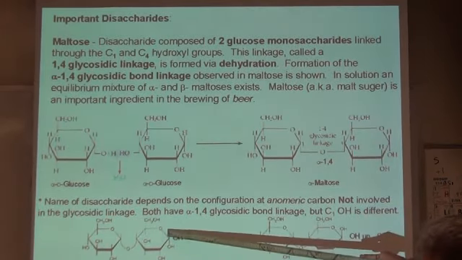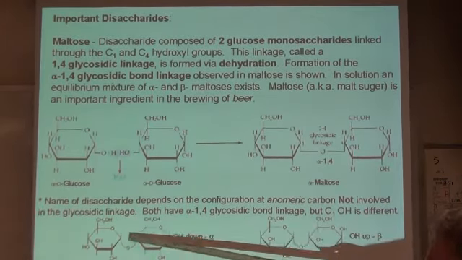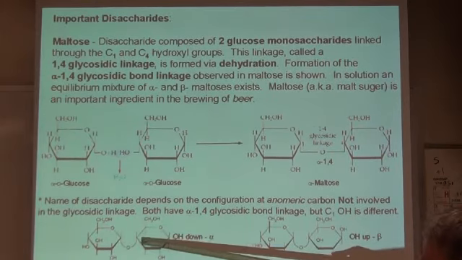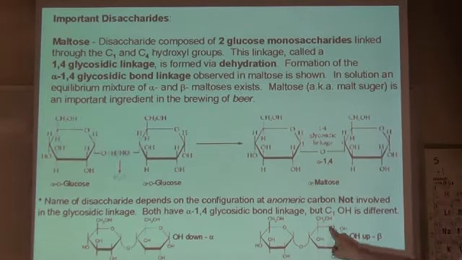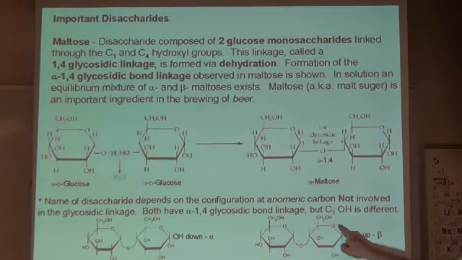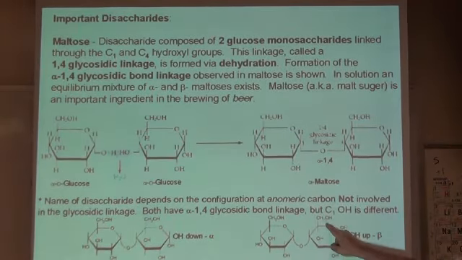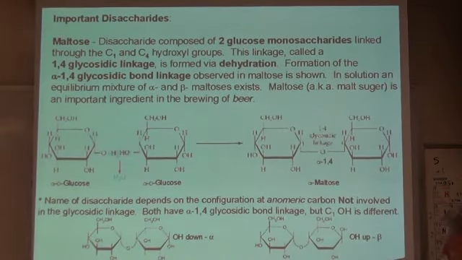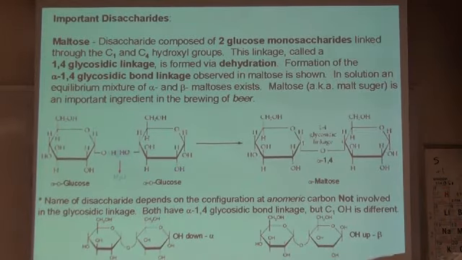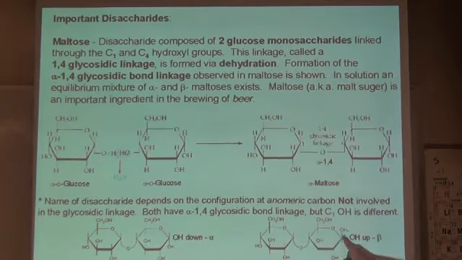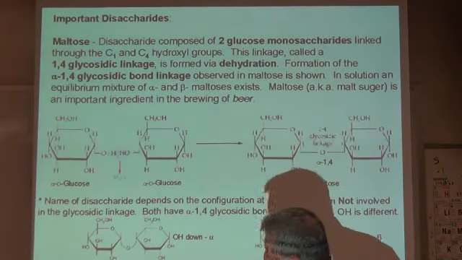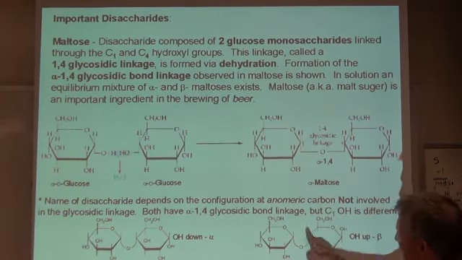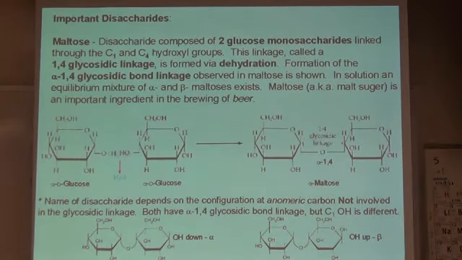Remember, here's numbering from carbon 1, 2, 3, 4. So we have an alpha 1,4 linkage, and we have alpha maltose. But over here, because this free anomeric carbon, the one that's not involved in the bond, is going up, this is actually called beta maltose. Do you see how the free anomeric carbon was used to name the molecule and not the bond that connects them?